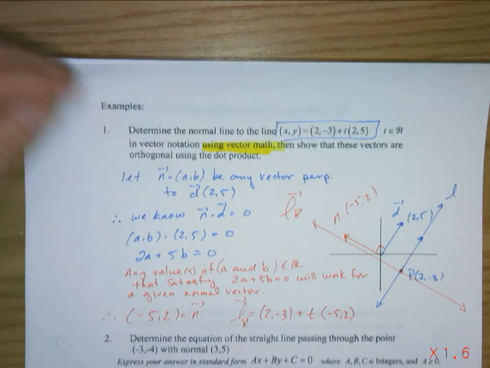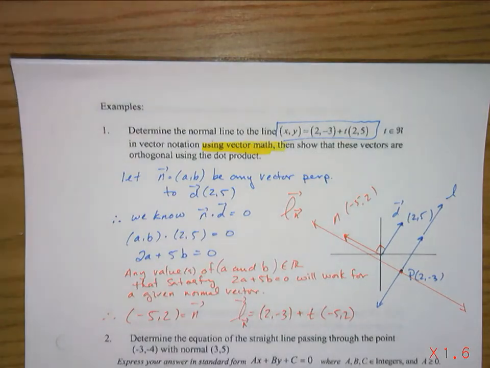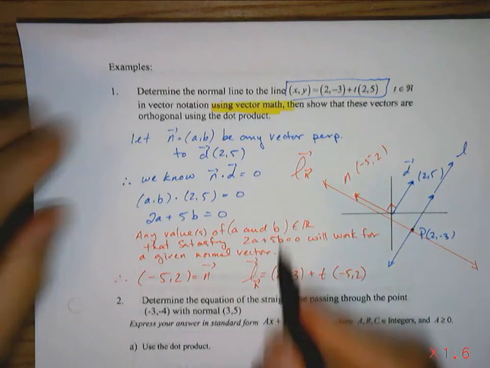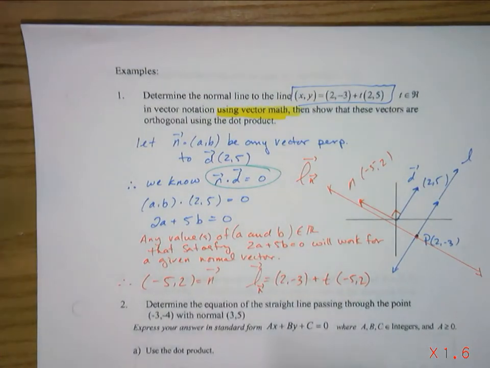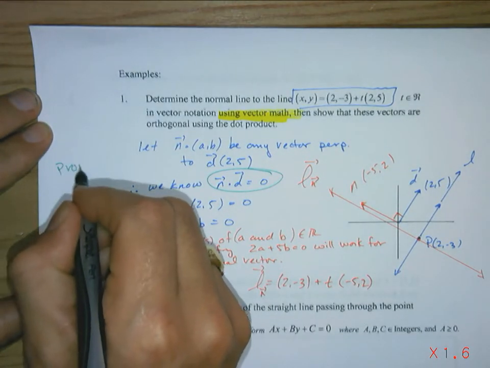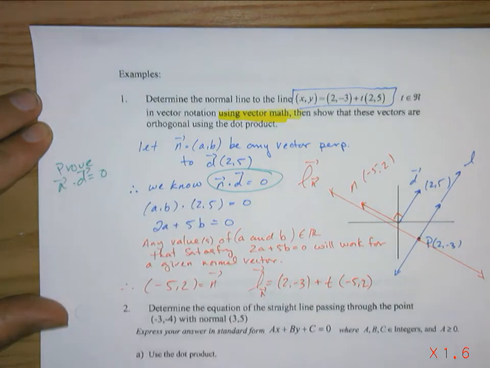And there you go. Now it says then show that these vectors are orthogonal using the dot product. So what it wants me to do is prove that they're orthogonal. I need a little bit of room off to the side to do that. So prove that they're going to be orthogonal.